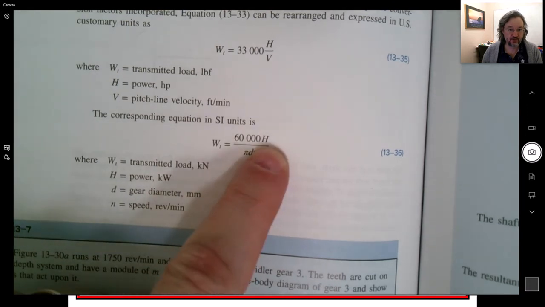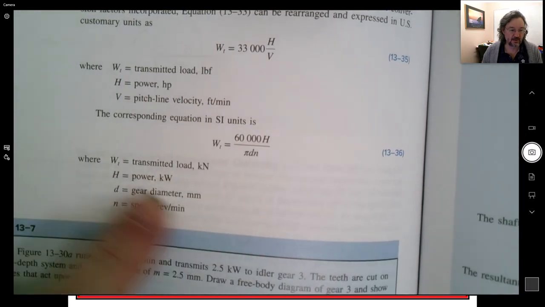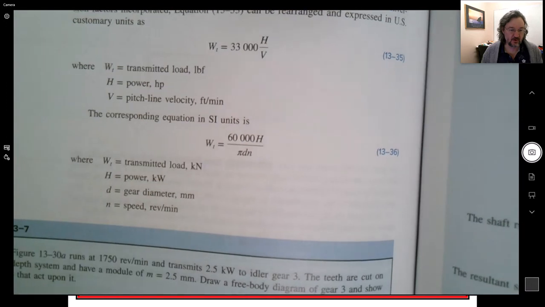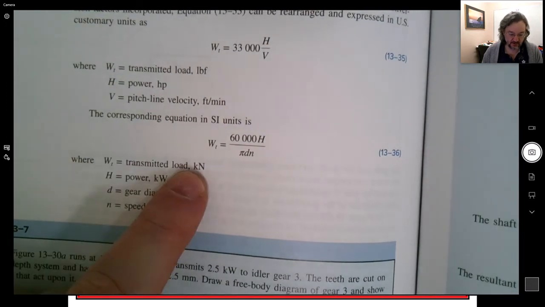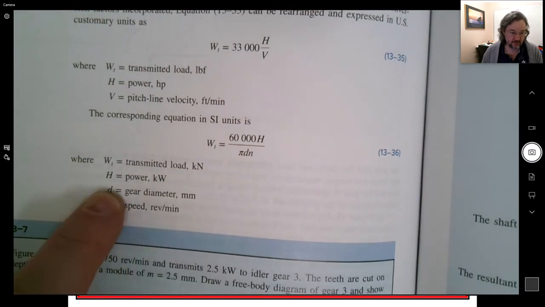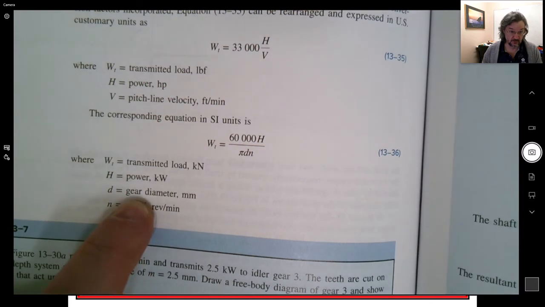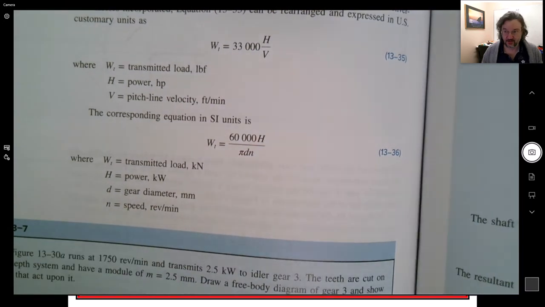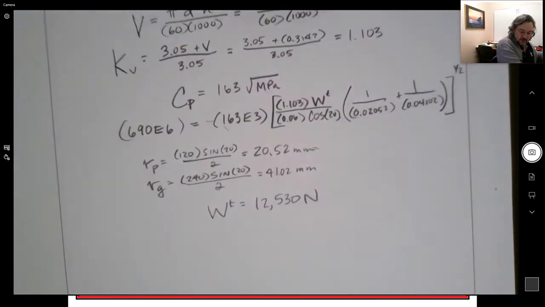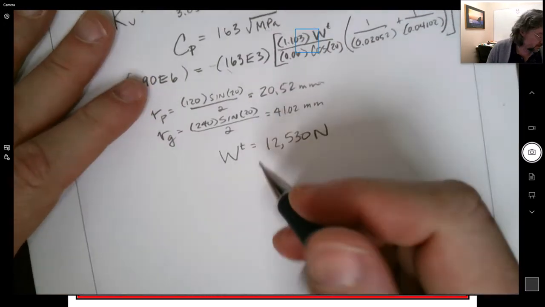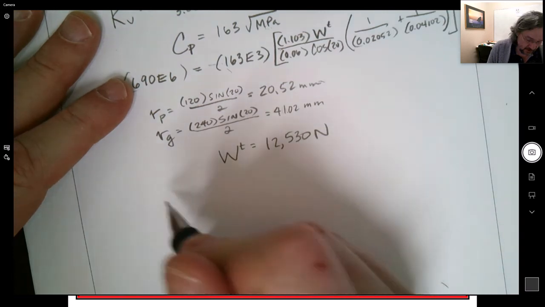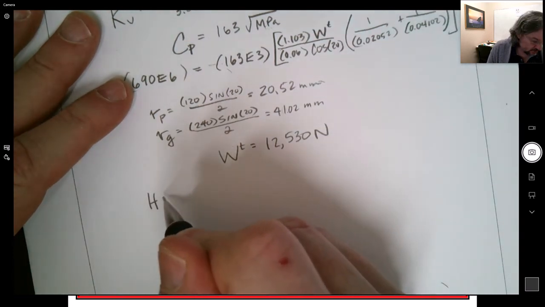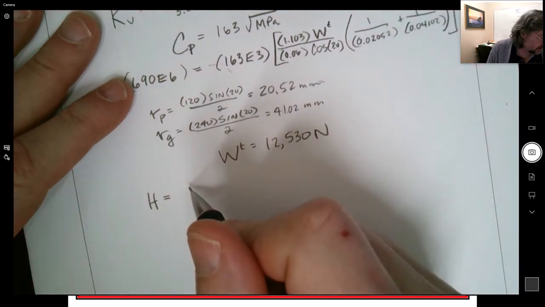So it's just manipulating around to find the power, and if we use this equation, we get kilowatts right there. But also the transmitted load needs to be in kilonewtons when we put it into there. The diameter is in millimeters, and the speed is in RPM. Okay, so that's where we get that equation from.